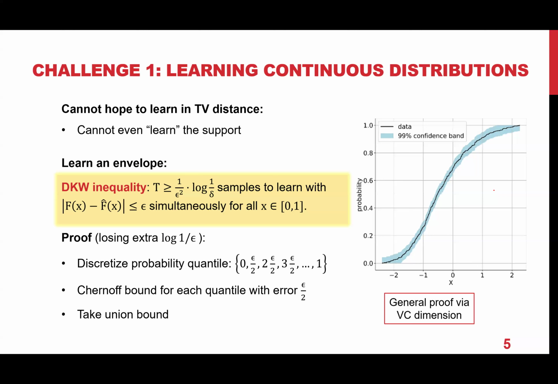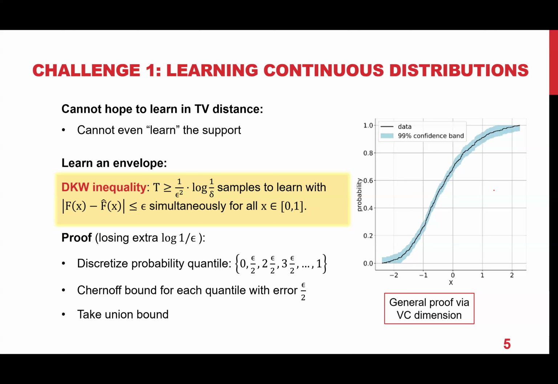So on the y-axis, in some sense, I'm looking at multiples of epsilon instead of multiples of epsilon on the x-axis. Then I just apply a concentration inequality, Chernoff bounds, followed by a union bound. The point is that now you take a union bound not over infinitely many choices, but only 1 over epsilon choices. So that will lose you this log 1 over epsilon. But otherwise, things are all good.